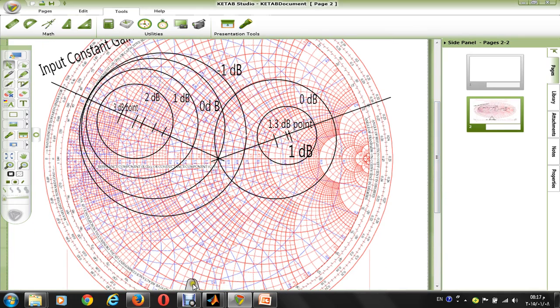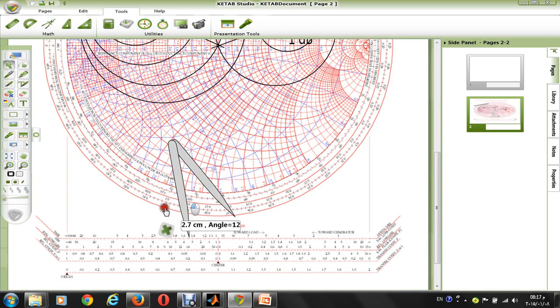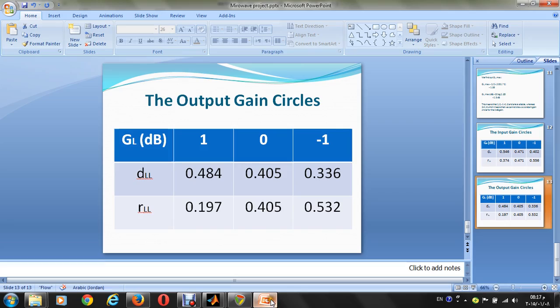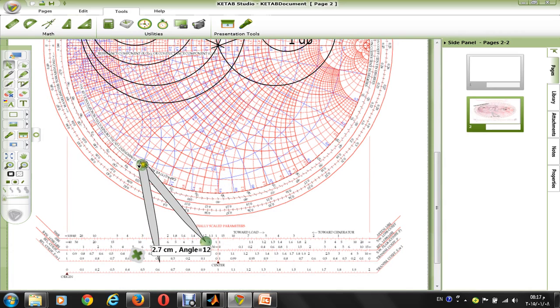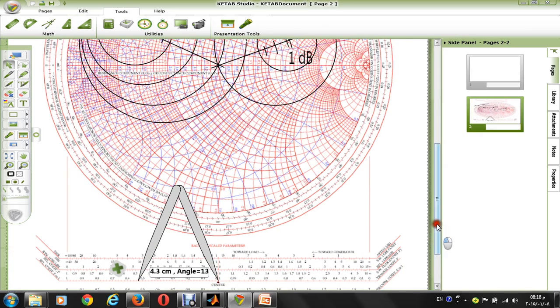And from the origin mark it. No pencils needed. I go back to the reflection coefficient scale to determine 0.53. 0.53. Here is 2, here is 3, in between. Okay. Here it is.